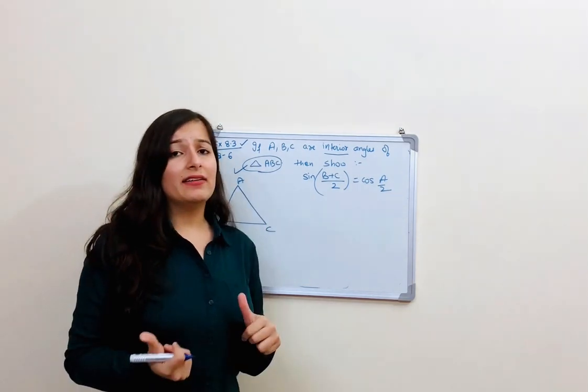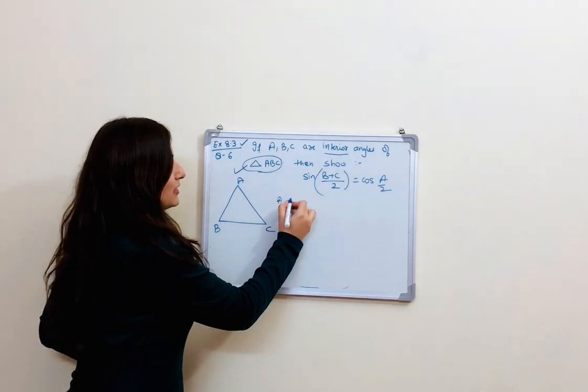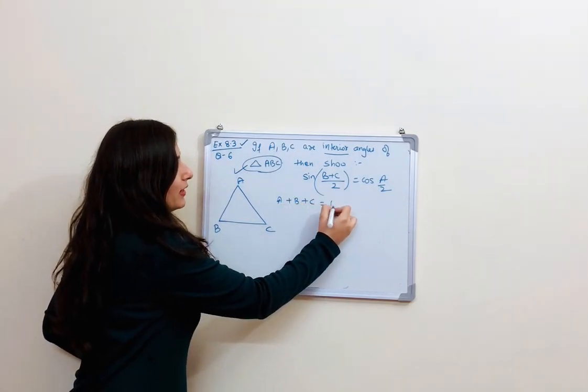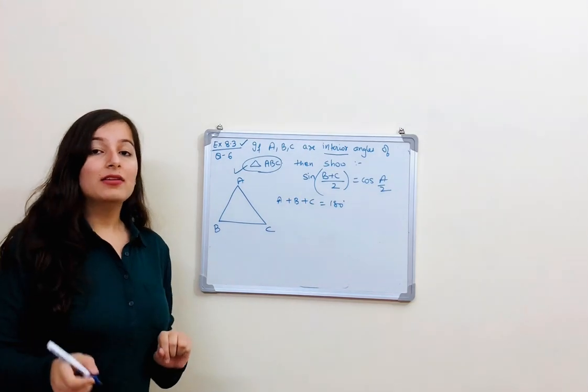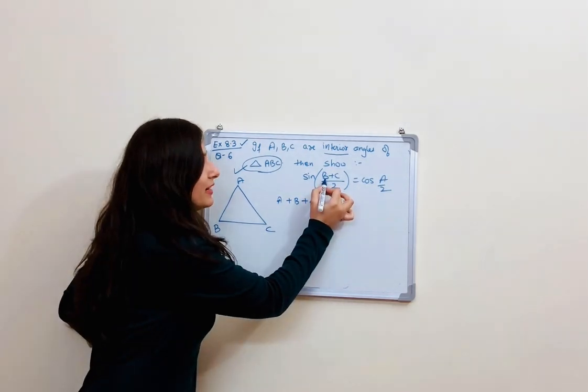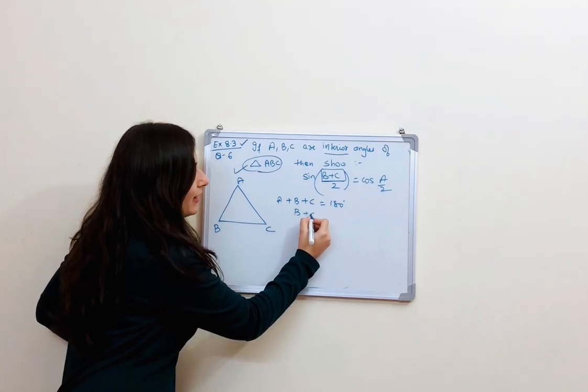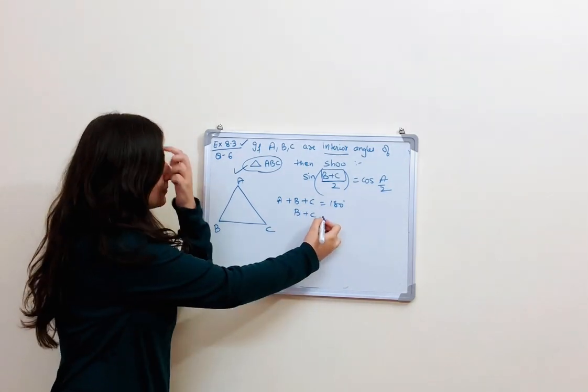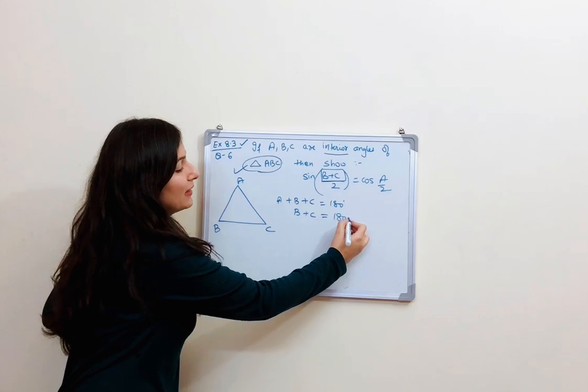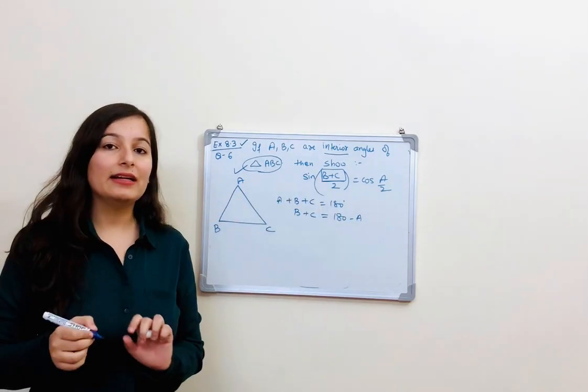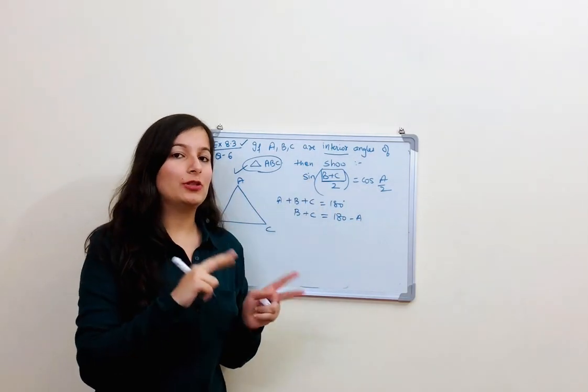A, B, C are interior angles. That means the sum of these three angles is equal to 180 degrees. And on the left hand side it is just B plus C. So we can find the value of B plus C as 180 minus A. Right?